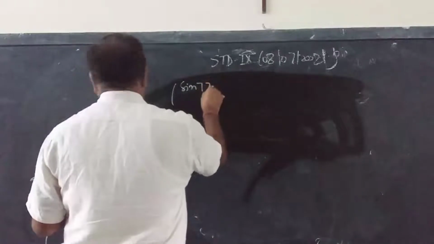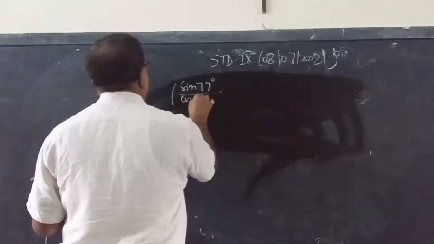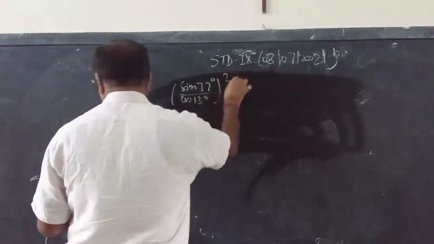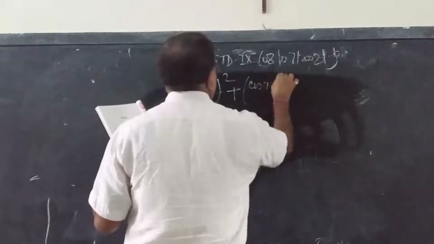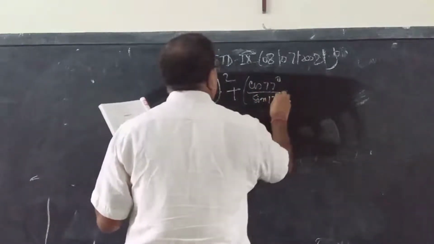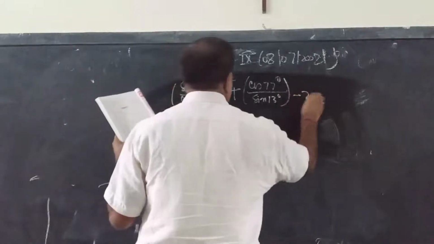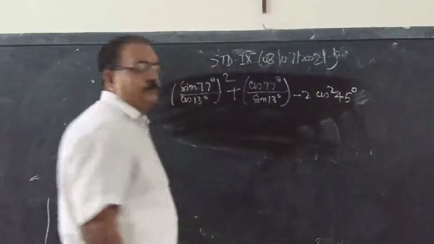Next question: sin 77 degree by cos 30 degree, whole square, plus cos 77 degree by sin 13 degree, minus 2 cos square 45 degree.